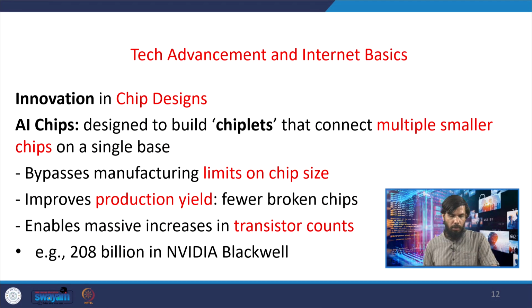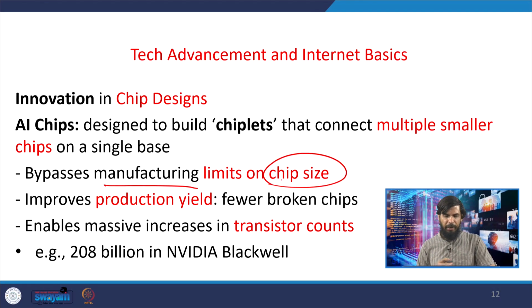Now, what are the benefits of this kind of design? Let's discuss a few points here. The chiplet design used in AI chips can bypass manufacturing limits on chip size, because you are taking multiple smaller chips and connecting them to a single base.